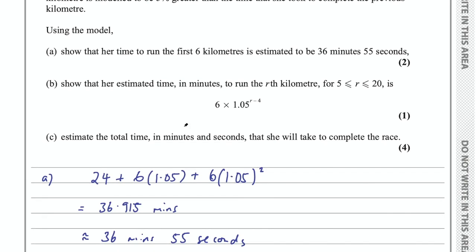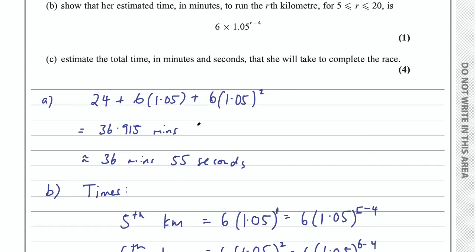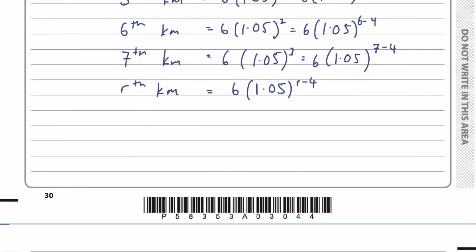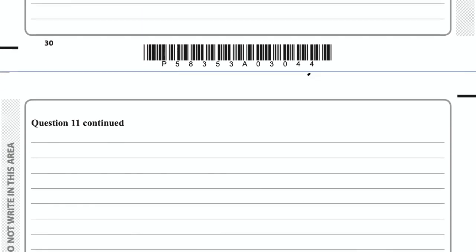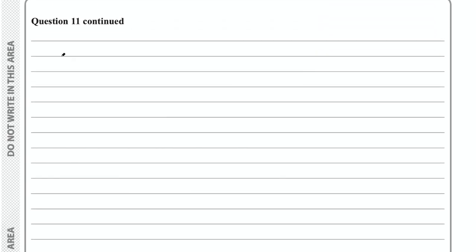Part C says estimate the total time in minutes and seconds that she will take to complete the race. And here I would probably go to the geometric sequences, the sum of a geometric sequence, because that's essentially what we have. We're multiplying by the same thing each time.